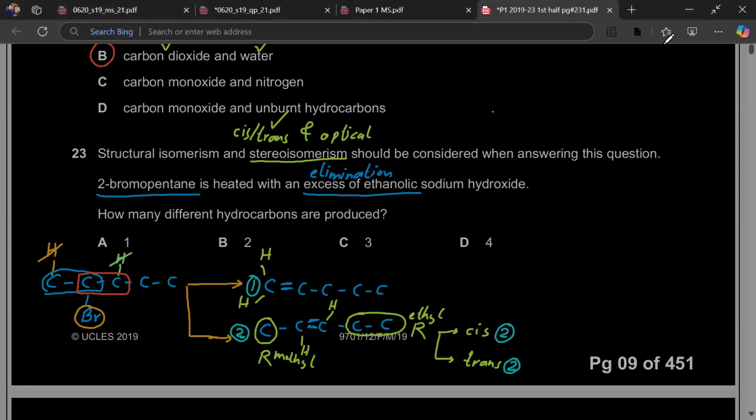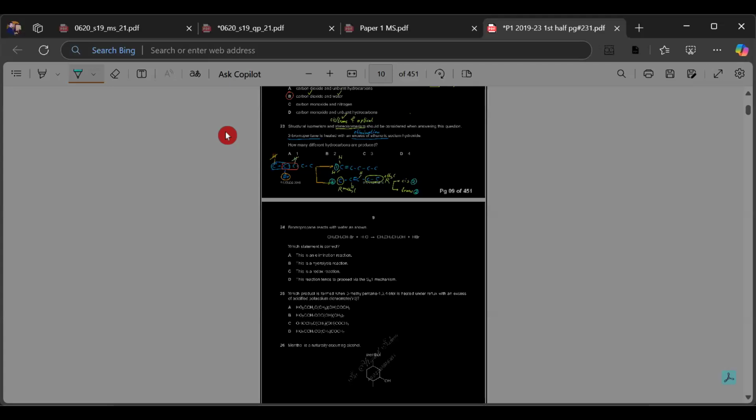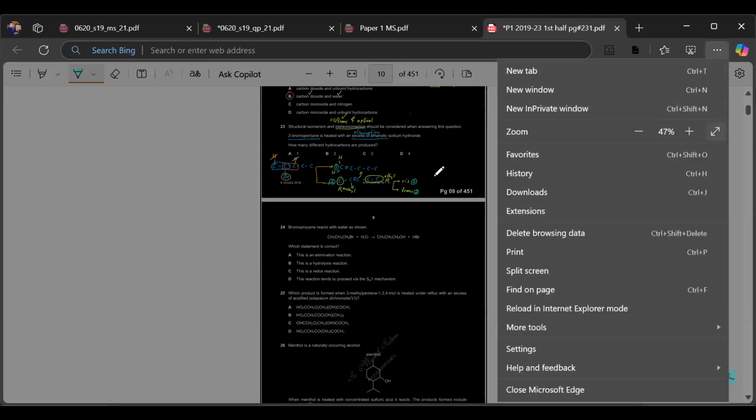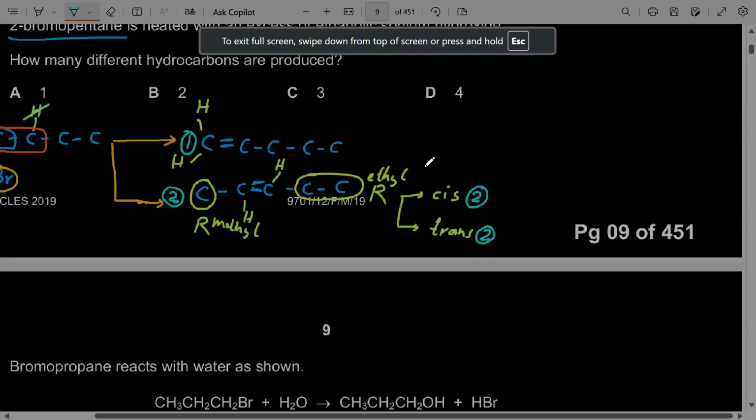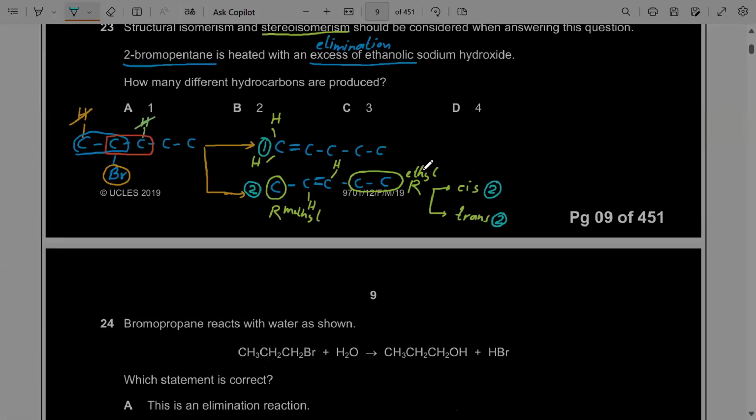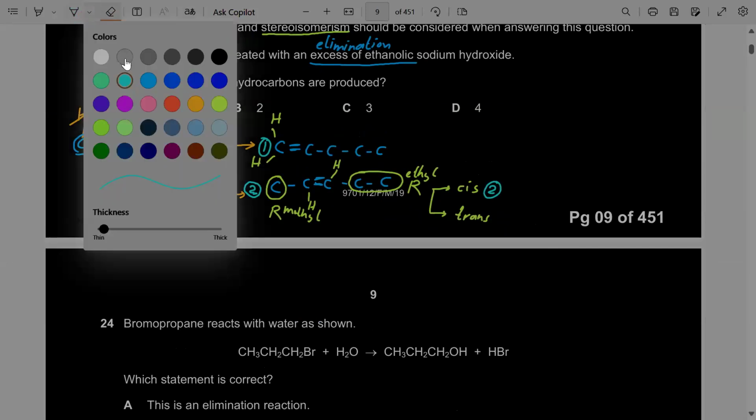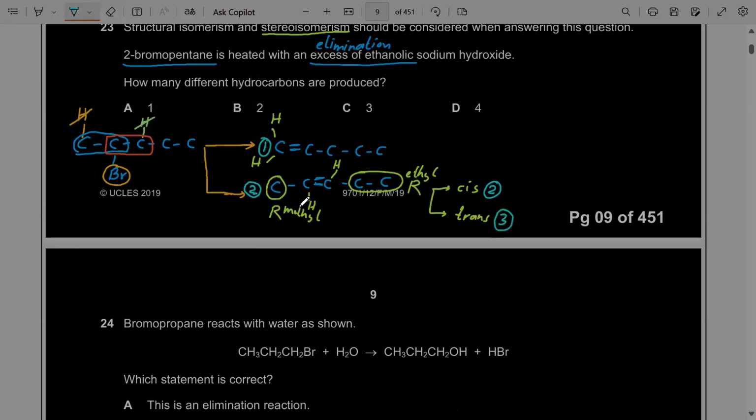For the time being, I'm assigning cis as a second isomer, and trans will be assigned the third isomer.